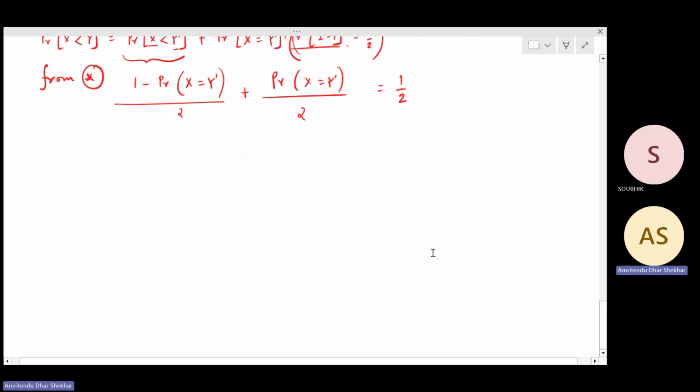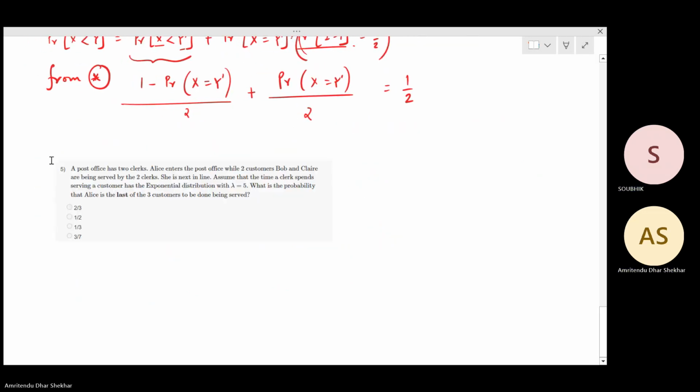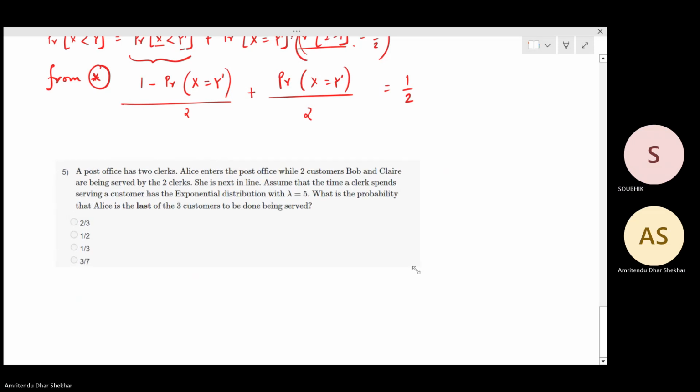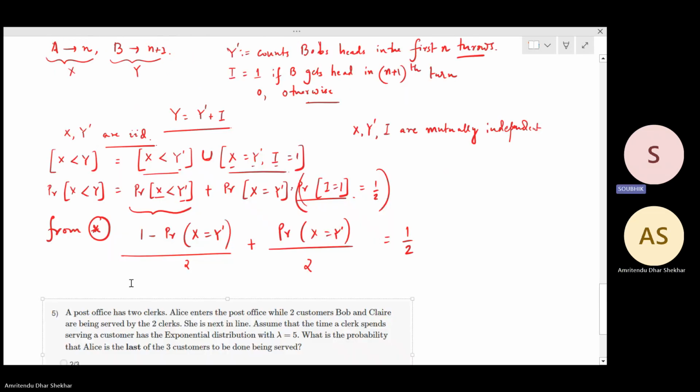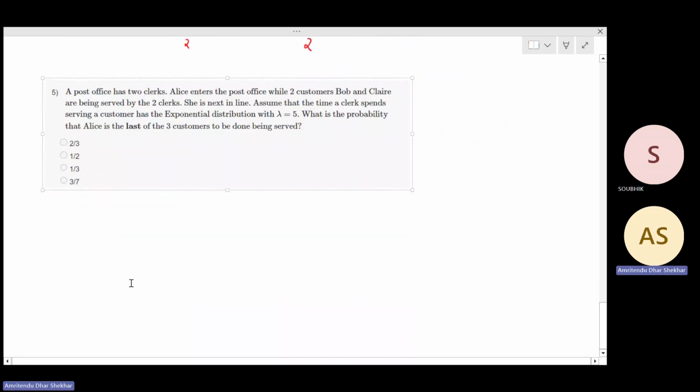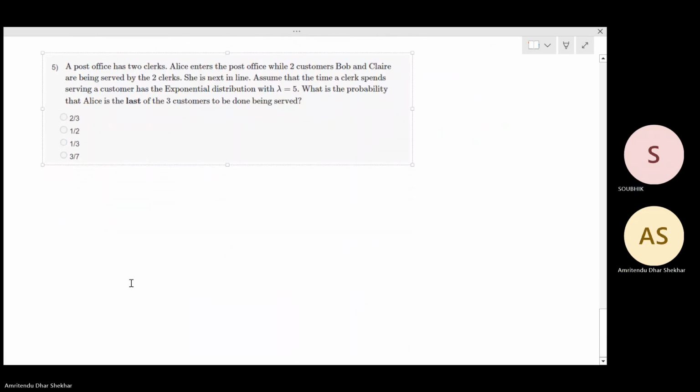Okay, so let's look at this problem. The post office problem. What the problem is saying is a post office has two clerks.